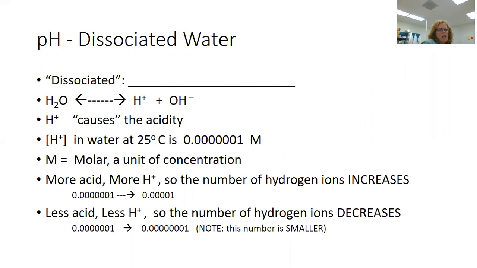Again, this slide is just reiterating that the more hydrogen ions there are, the more acidic it is, and vice versa. When you see the words molar and normal, so M and N capitalized, that's a measure of concentration.